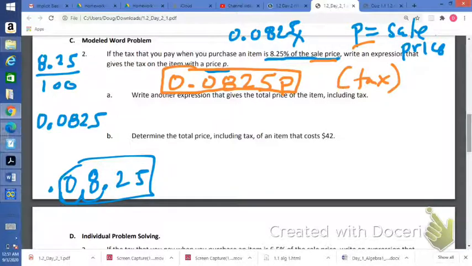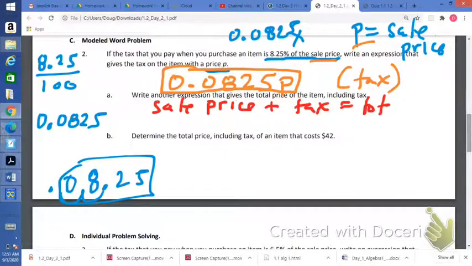Now, write another expression that gives the total price of the item, including tax. So, sale price plus tax is total price.